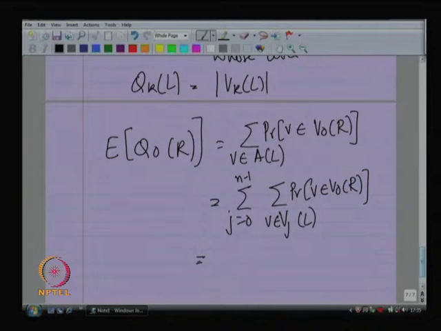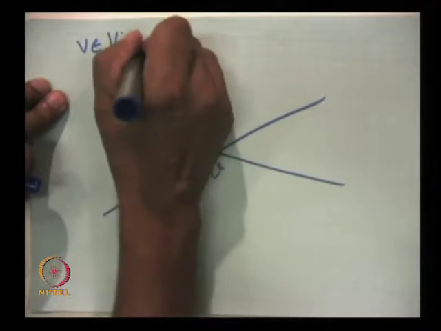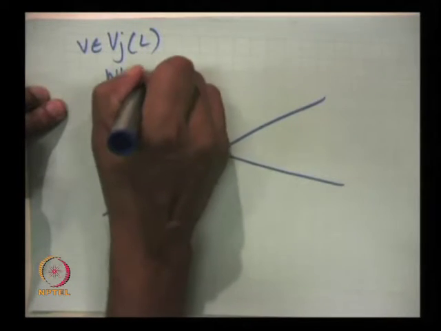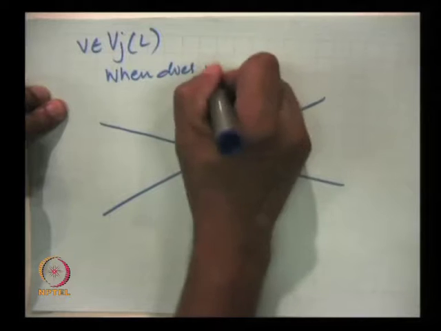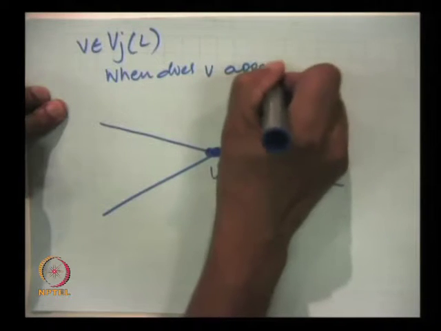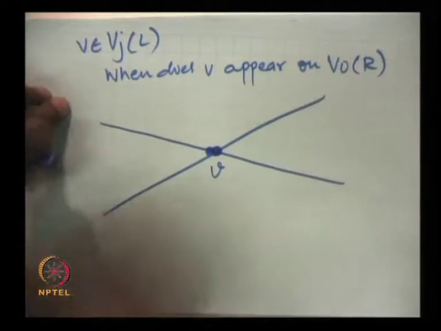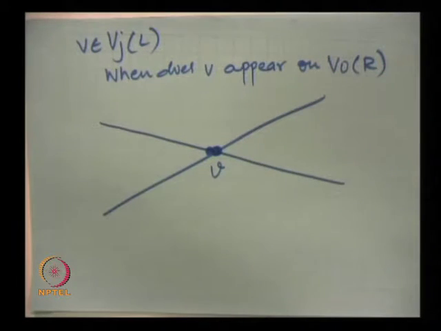Suppose you have a vertex V and V belongs to V J L. It means its label is J. So when does V appear on the lower envelope of the random subset of lines?